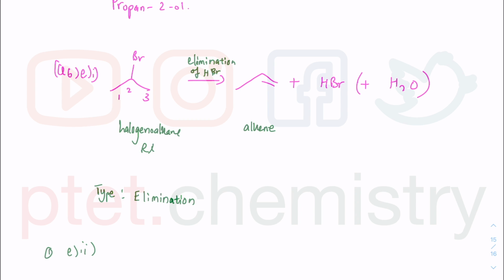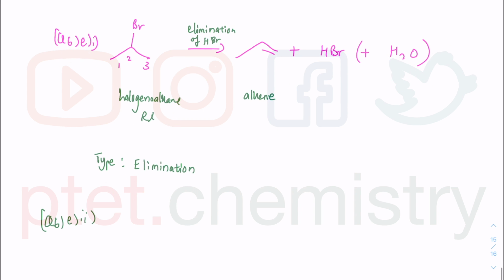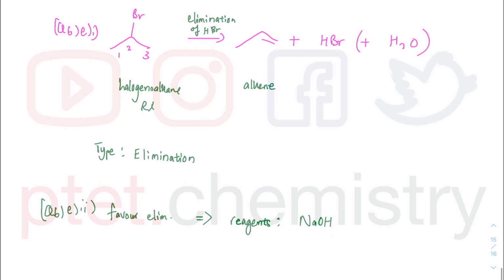So part E part 2, describe the reagents and the conditions to favor elimination. What you do is you use sodium hydroxide or potassium hydroxide, and your conditions are very, very important because you cannot use it in water.